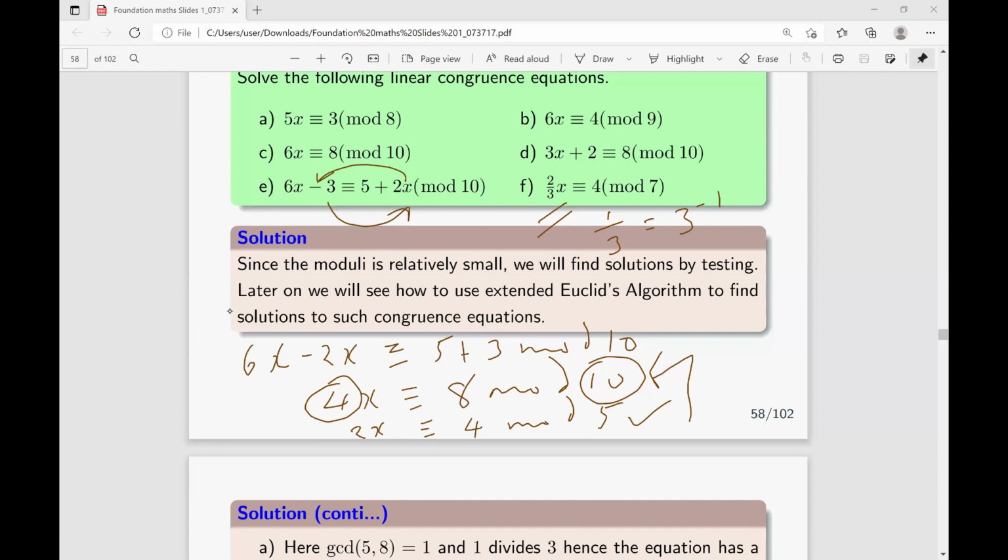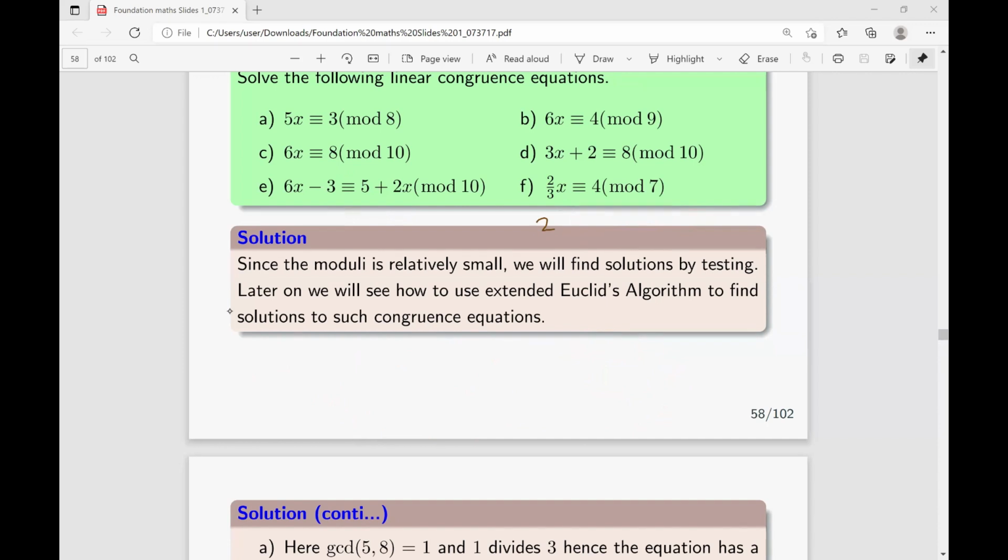So this equation can be written as 2 times the inverse of 3, x is congruent to 4 mod 7. These two mean the same thing. So you find out what is the inverse of 3 mod 7. This is a small number, so we can find out what the inverse is: a number which, when multiplied by 3, gives you 1 mod 7.